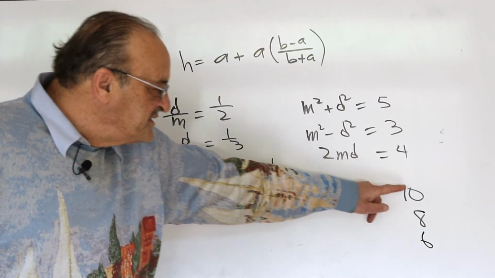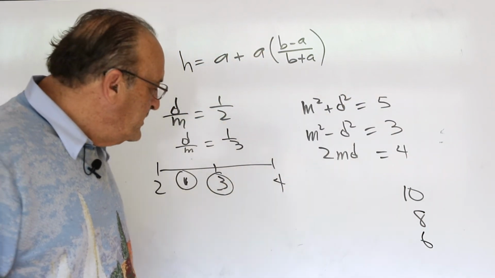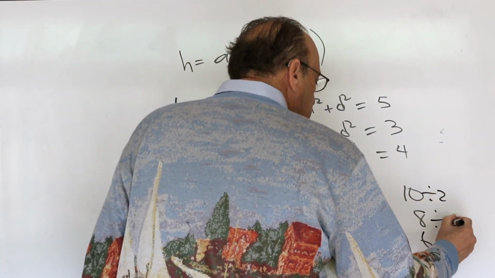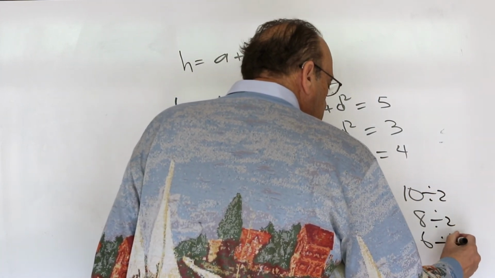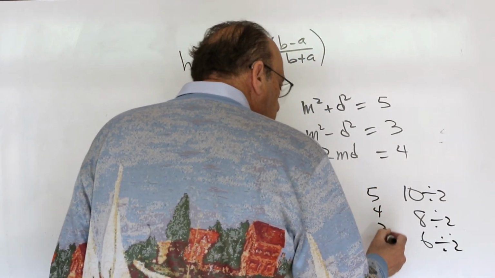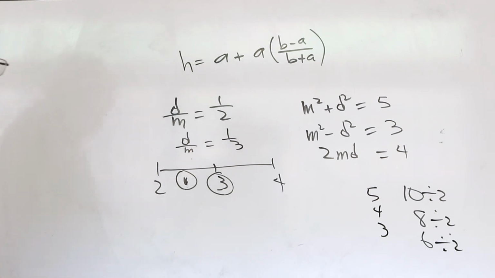Well, that's almost the same result, it's just everything's doubled. So now if I go ahead and divide by 2, I'm back to 5, 4, and 3, which gives me the same 3, 4, 5 right triangle.